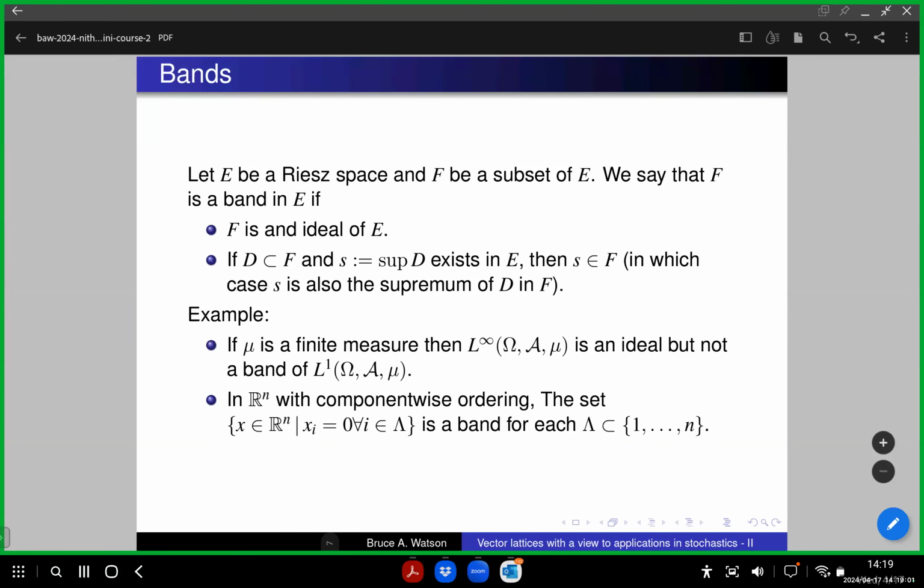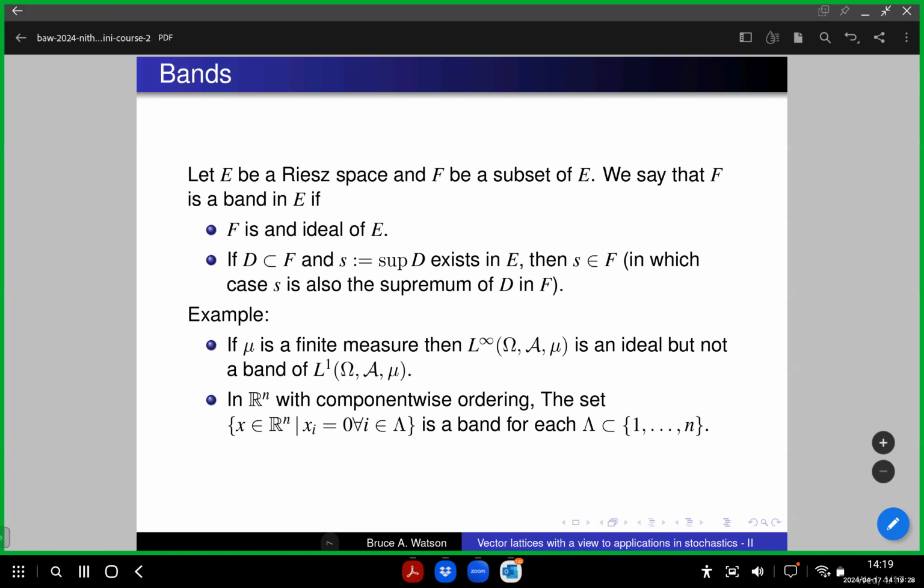We're now going to progress to a more specific, more restricted object, and that is a band. So if we take a Riesz space E, and we take F as a subset of E, we have that it is a band if F is an ideal of E, so that is the first condition.